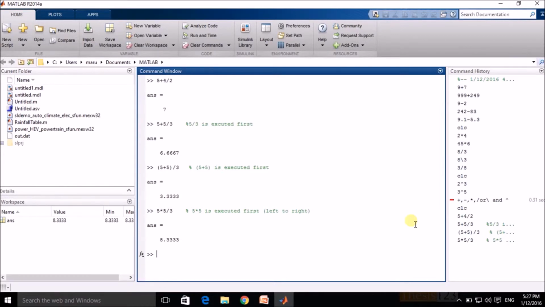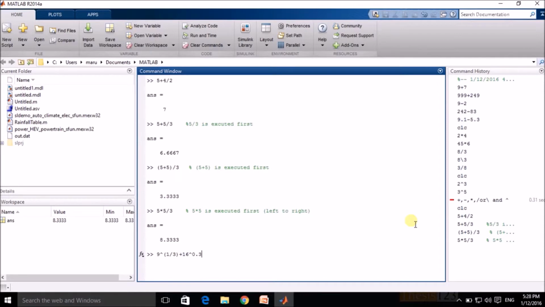In the same way, we will see a long mathematical expression. For example, I am taking 9 power 1 by 3 plus 16 power 0.3.